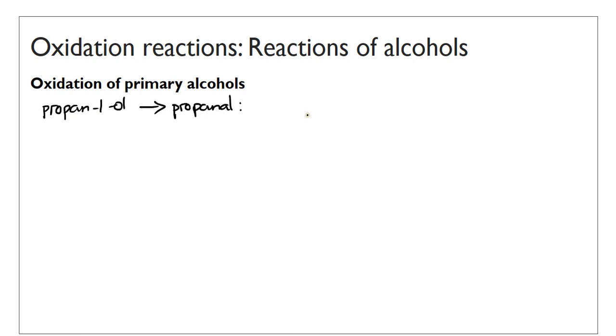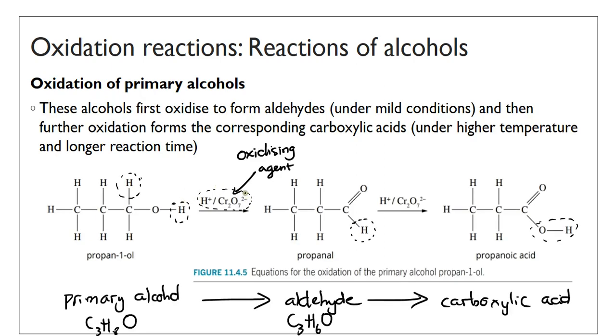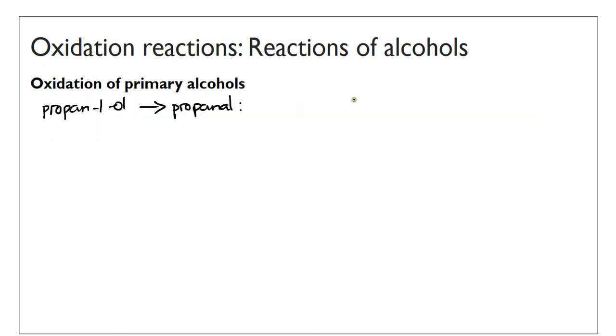Now, if you look back at the previous slide, this is acidified condition. So this is an acidic condition, which means that you can use COHES for balancing. It is entirely possible for this to be converted to a basic condition. In that case, you have to convert your half equations into basic condition half equations. It's not actually that bad. C3H8O going to C3H6O.